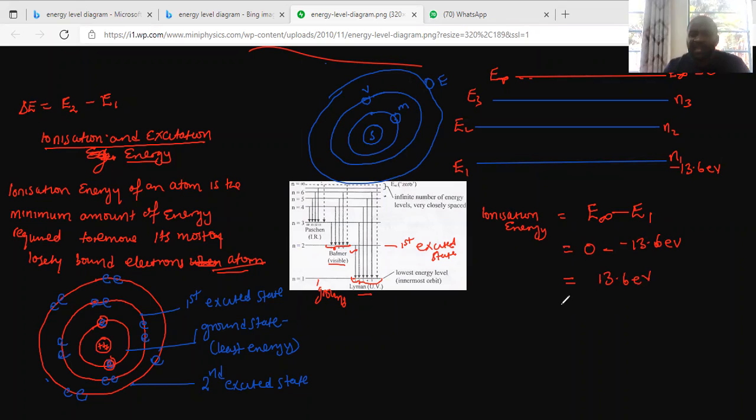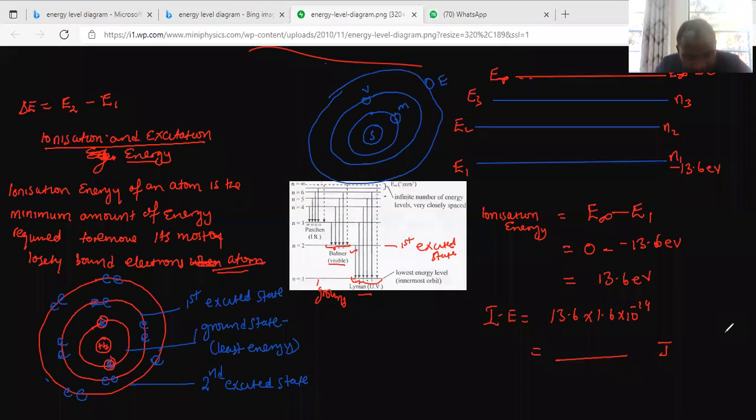If you're asked to get the ionization energy in terms of joules, then you can say the ionization energy can be got from 13.6 times the electronic charge, which is 1.6 times 10 power negative 19. And then when you simplify this with a calculator, what answer do you get? That becomes the ionization energy.